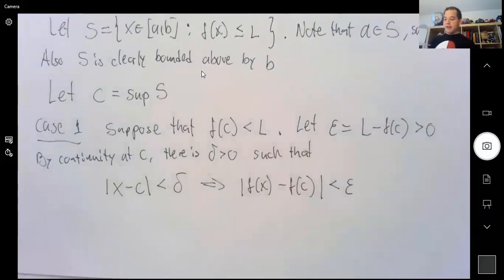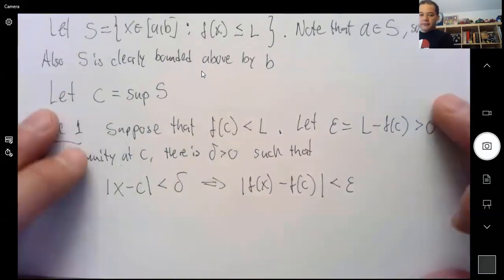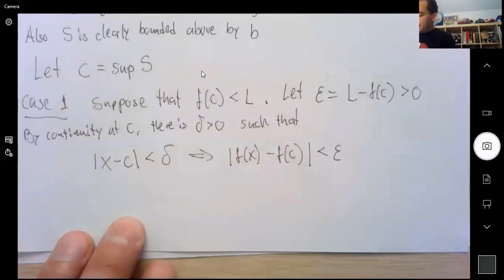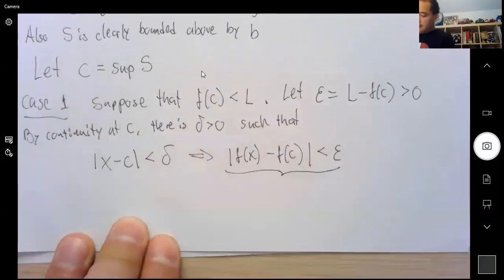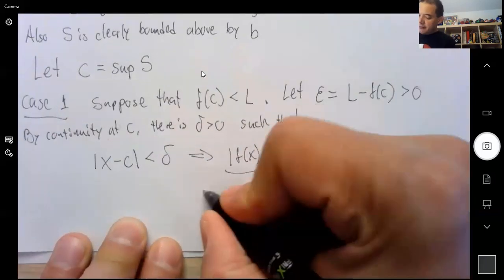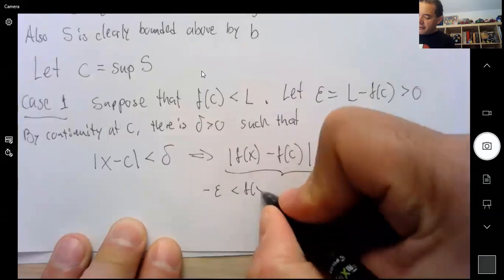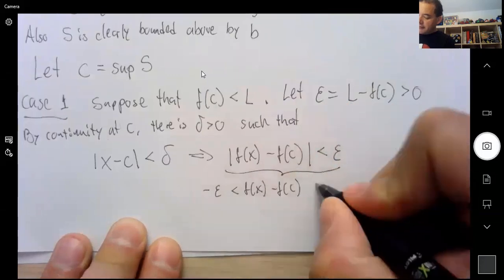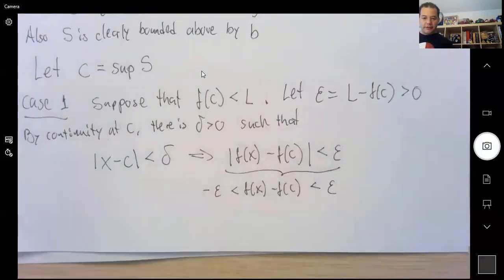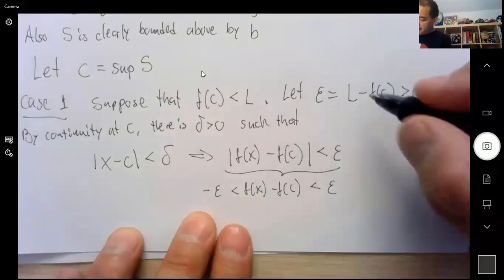Now, let's rewrite what this means. This means negative epsilon is less than f of x minus f of c, which is less than epsilon. And the important thing is, what is epsilon?